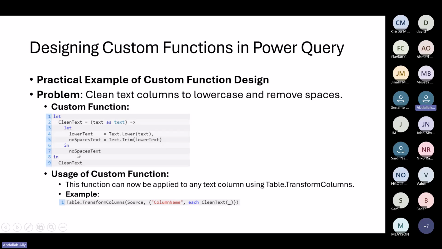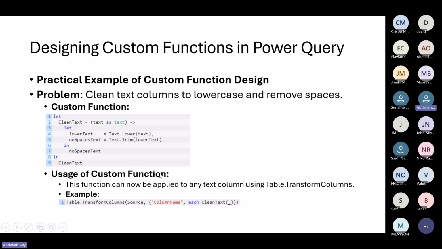So then I return the last value, which is no spaces text, as my final answer. So the clean text function returns this one, no space, which is the last step. In Power Query, we normally, but not necessarily, return the last step. We'll see when we go into writing code. Okay, so this function has 1 parameter, which is text, and it is of type text.